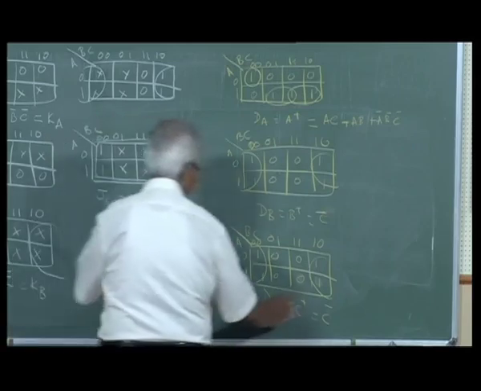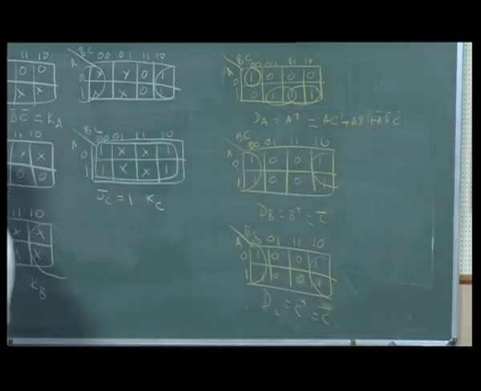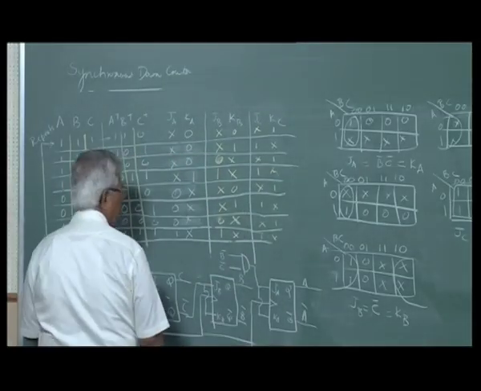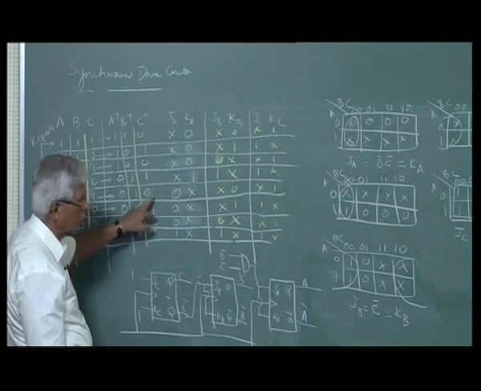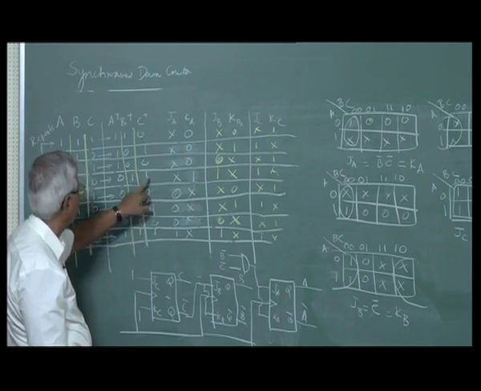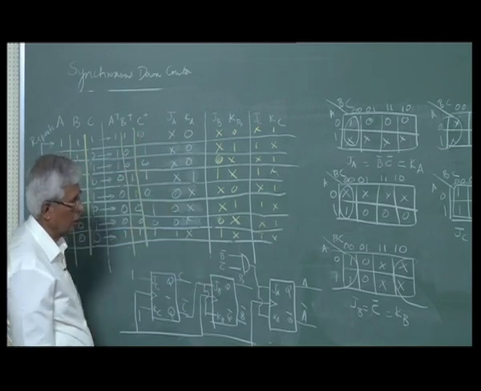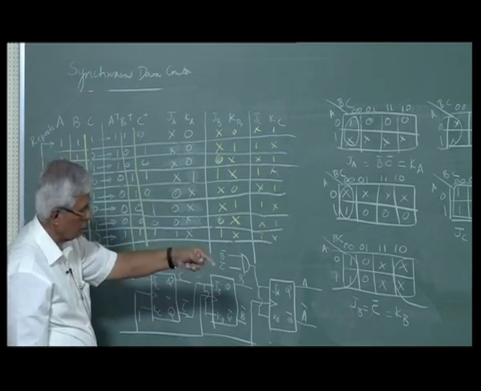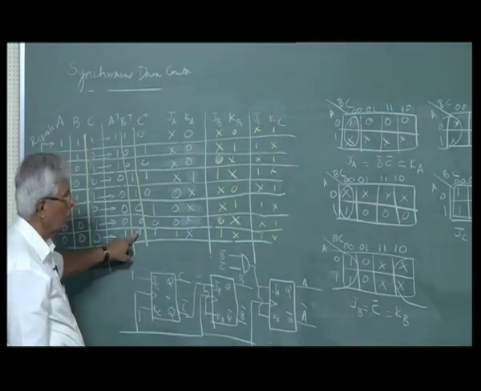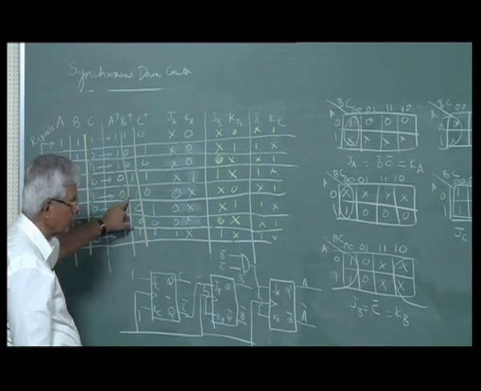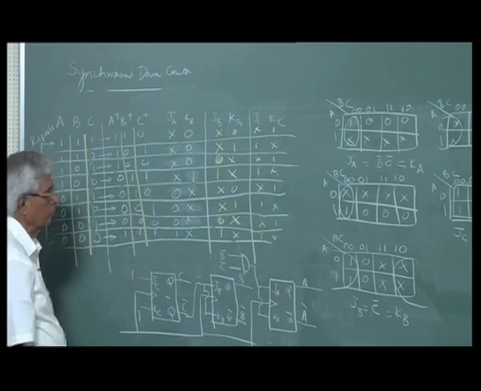Let me check this one more time, must be right, but still. 1 0 1 0, 1 0 1 0, that is right. So that is C bar. Earlier map dB 1 0 0 1, 1 0 0 1, yeah, it happens to be the same.